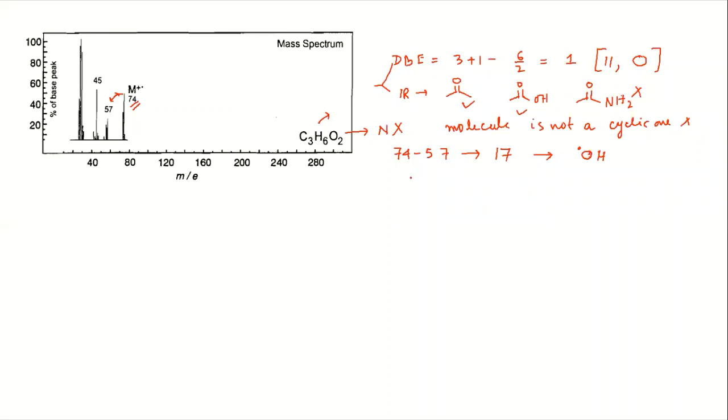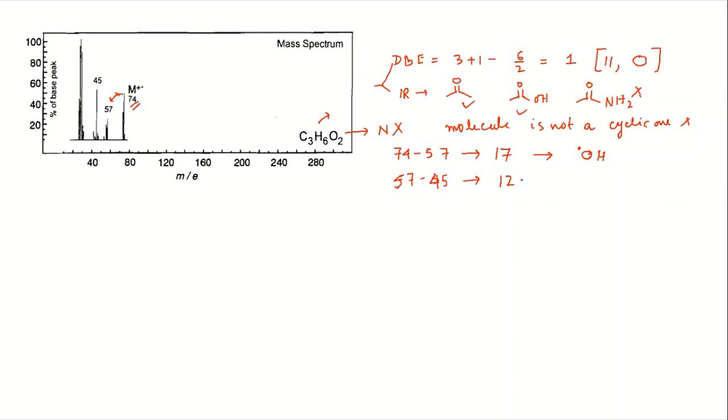Now you subtract 57 minus 45. How much is the value? 12. Does it make any sense? No, right? 12 doesn't make any sense because carbon itself is 12.